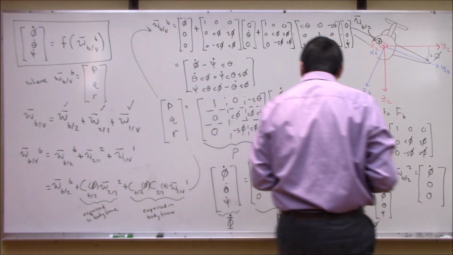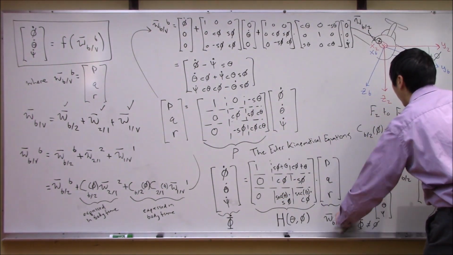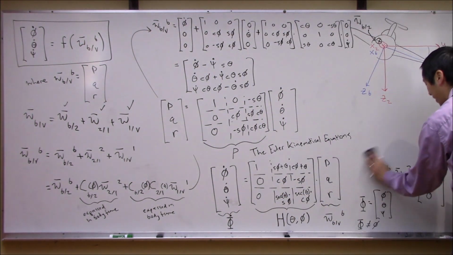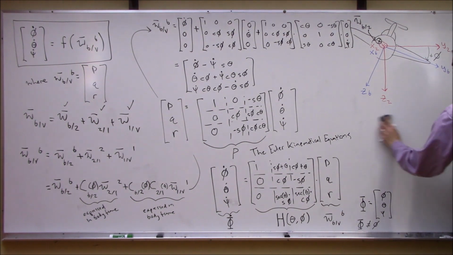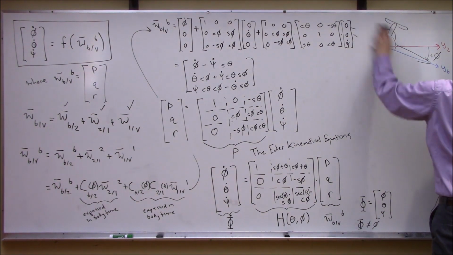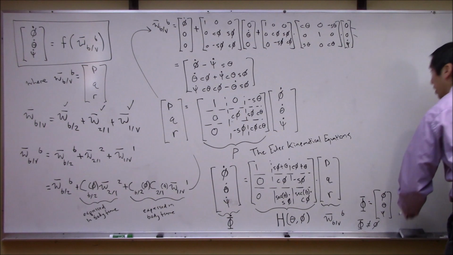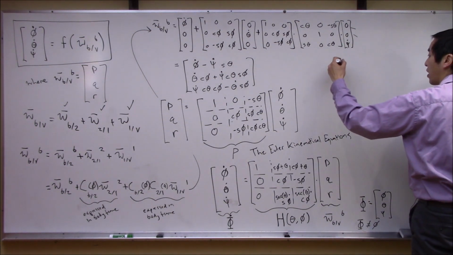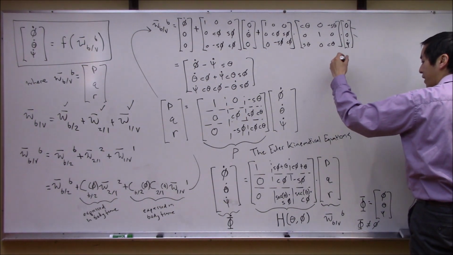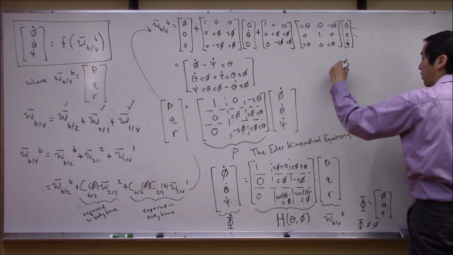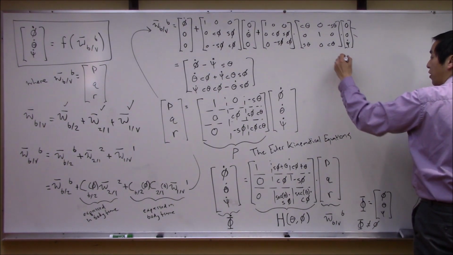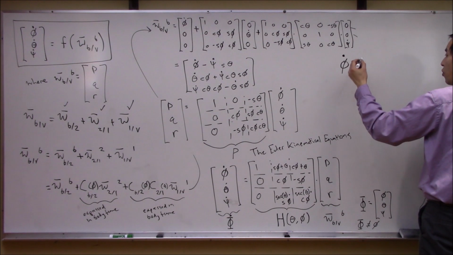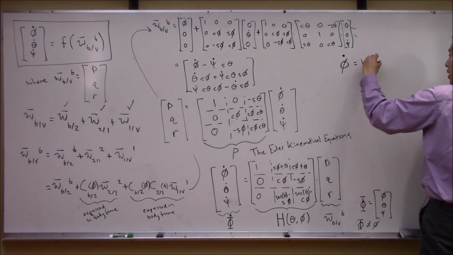So right here in the Euler kinematical equations, it makes it explicitly clear that phi, the bank angle, so phi dot is sort of like your "bank rate."